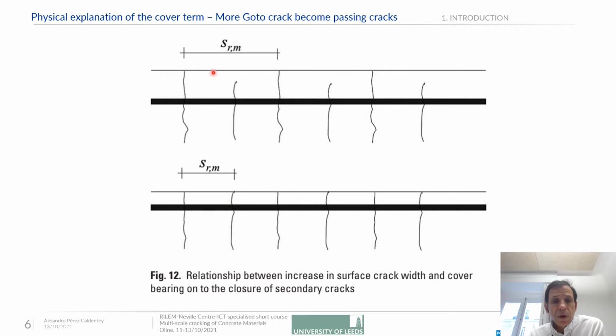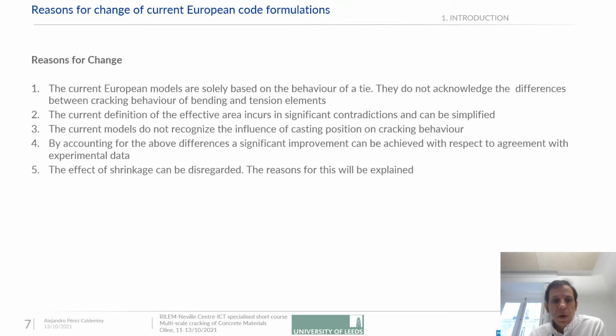And if you have a large cover, then a smaller number of these cracks make it to the surface. And this leads to a higher crack spacing at the surface when you have a larger cover, and this leads, of course, to a higher crack width.